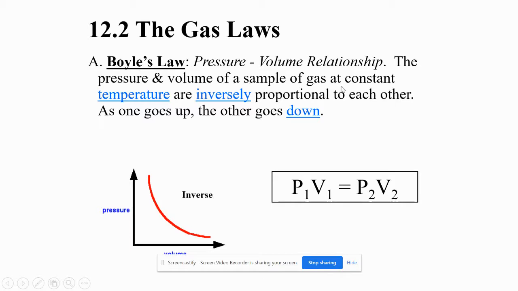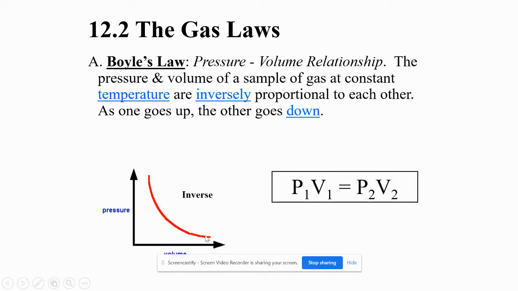Boyle's Law relates pressure and volume of a gas. It says that they are inversely related, which means as one goes up, the other goes down. So I have my volume here. It's low. My pressure is high. My volume goes up, my pressure goes down.